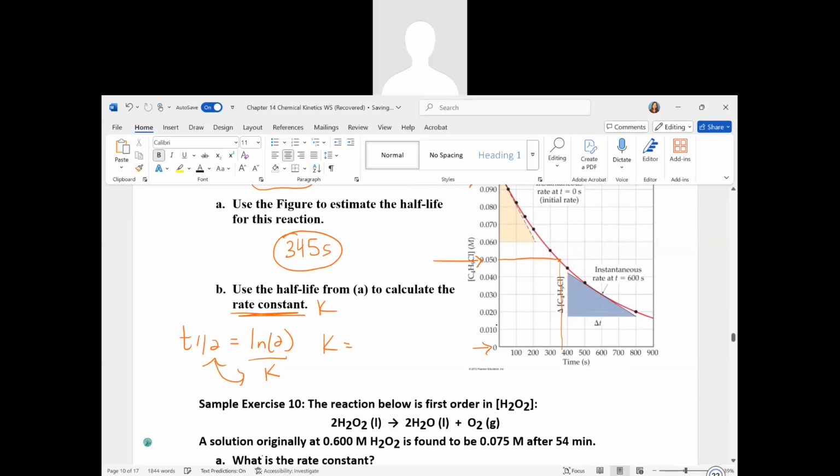So my k will equal the natural log of 2 divided by 345 seconds or so. When we do this, we get 0.693, and when we divide by our value in seconds, we get a k value of approximately 2 times 10 to the negative 3 per second.